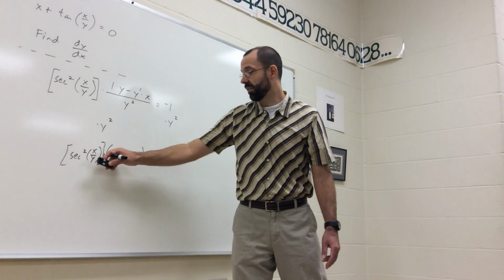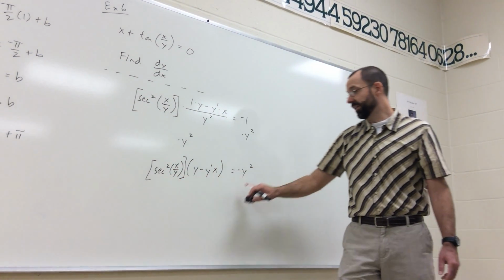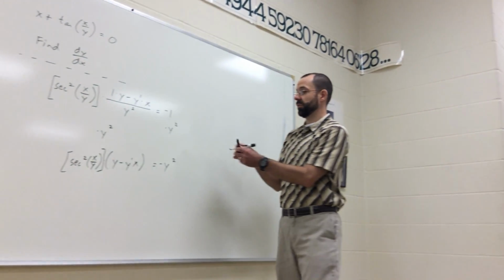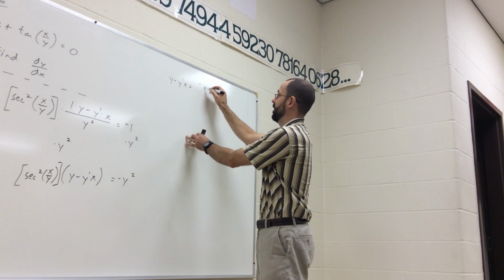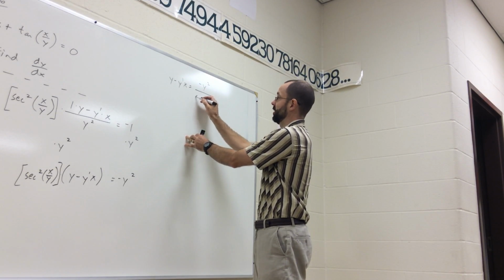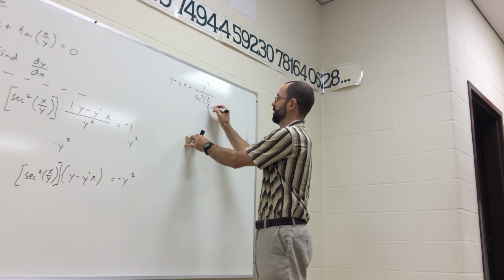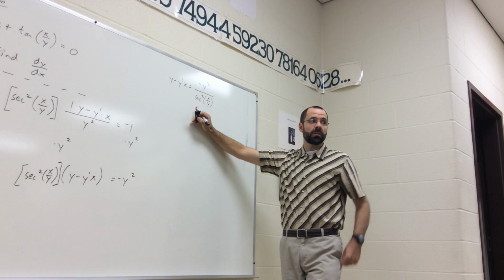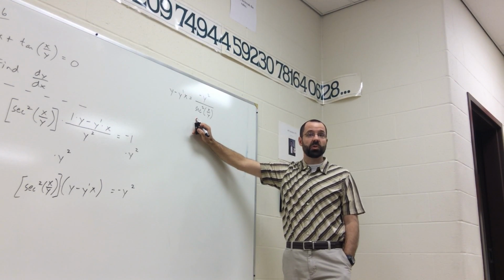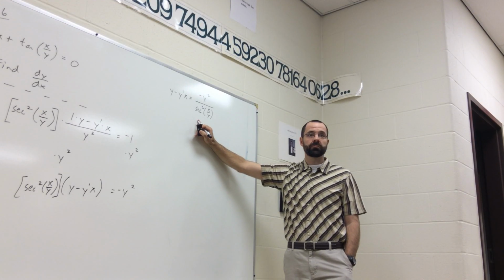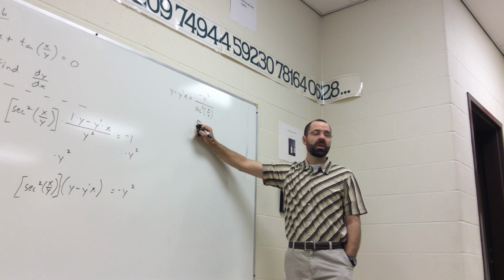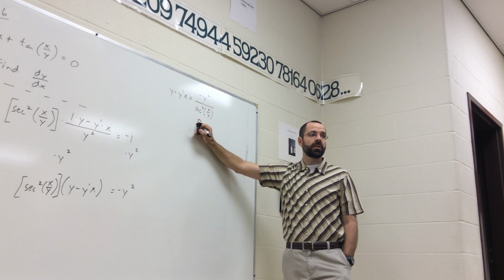Okay, so now I'm going to take this whole mess and divide it over. So that gives me y minus y prime x equals -y squared divided by secant squared of x over y. So the secant squared of x over y was multiplied, so I'm just dividing it over to here. Now when you divide by secant, 1 over secant is cosine.